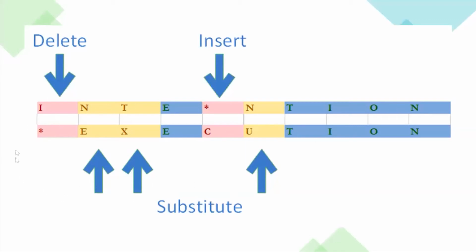One edit, one change, is you can delete one character here, you can substitute these 3 characters, and you can insert another one here. Those 5 changes will transform the first word into the second one. That would give this a distance score of 5, according to one of these algorithms called the Levenshtein algorithm.